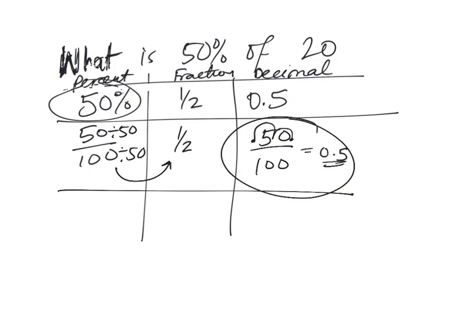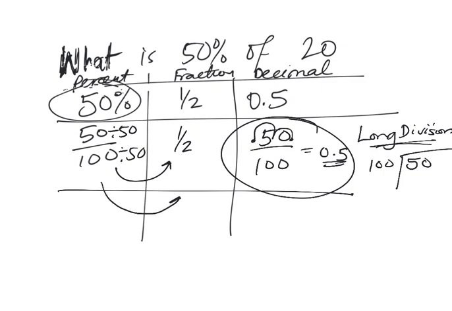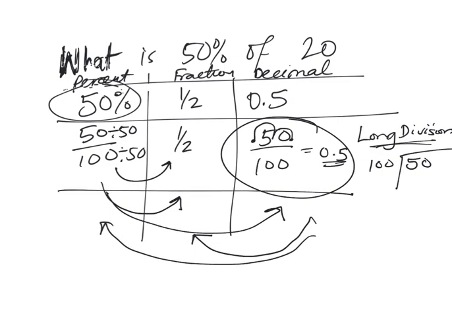Or we use long division, which is where we'll put the 100 outside and we'll put the 50 inside. We're not going to go into this part in this video, but what I'm trying to say is we need to be comfortable with converting from percents to fractions and percents to decimals, and converting from decimals to fractions and decimals to percent. So it's a good skill to have, knowing how to convert from one form to the other.